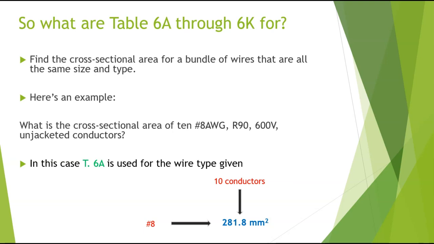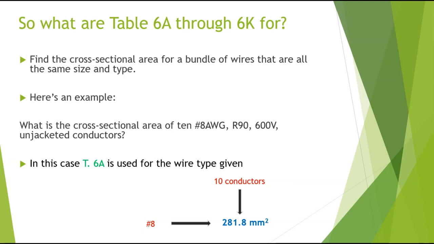You can do the vast majority of calculations just as effectively using the process that we've looked at so far, taking your cross-sectional area of each individual type of conductor from table 10A or 10C. But table 6A through K might help perhaps to add a little bit of speed to the process, although frankly I would argue that they might actually be slower to do it this way.